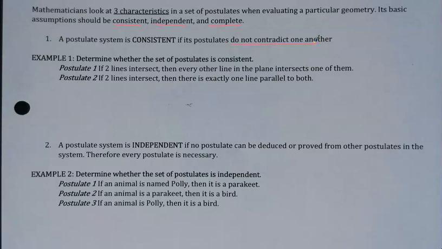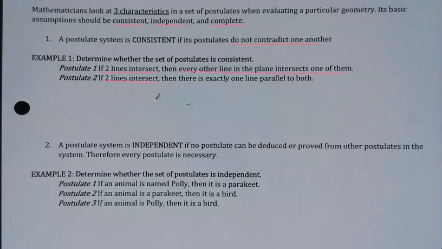Yes, because postulate 1 says if two lines intersect, and they both start off the same way, right? If two lines intersect. The first one says every other line in the plane intersects one of them. So that's saying that every line in the plane must intersect one of the two lines.